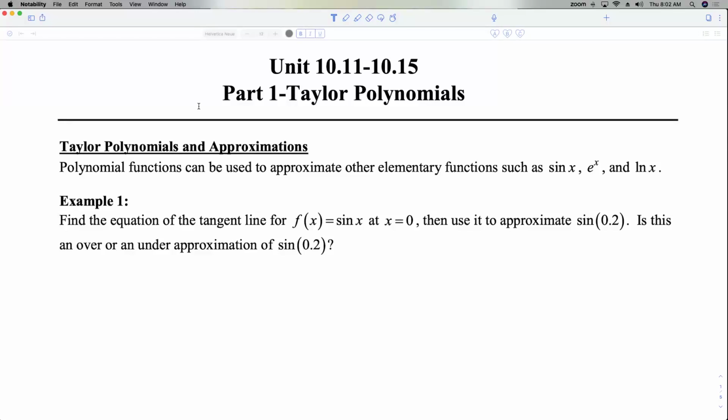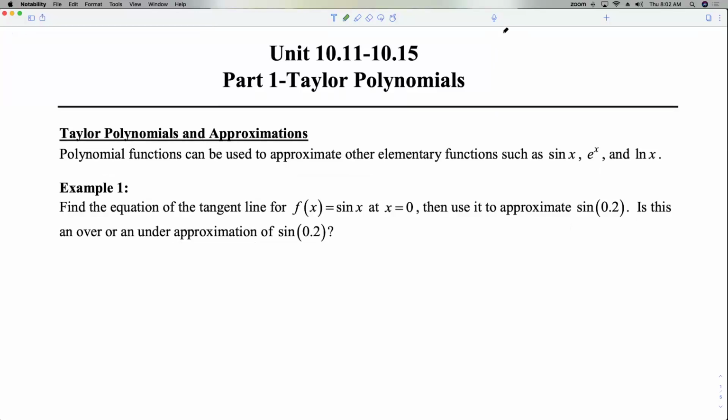So here we go. Last mini unit of AP Calc BC, which is Taylor polynomials. Taylor polynomials is another way of approximating. If you remember, we did linear approximations.